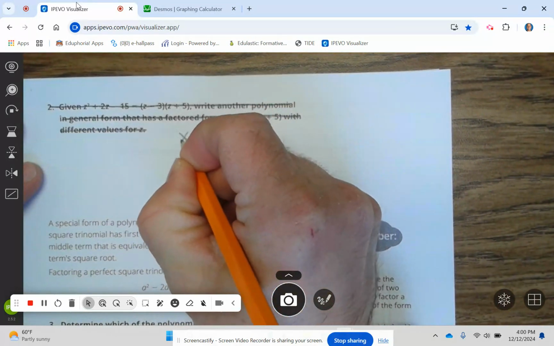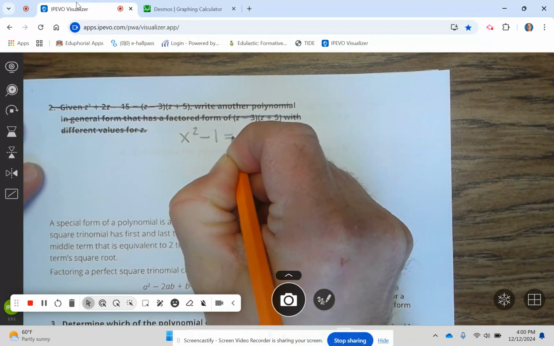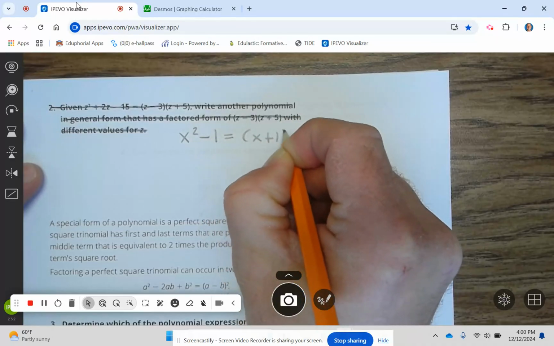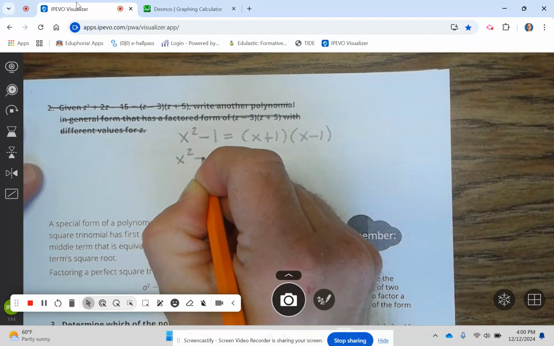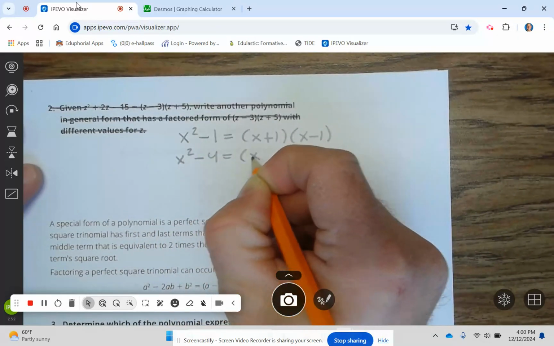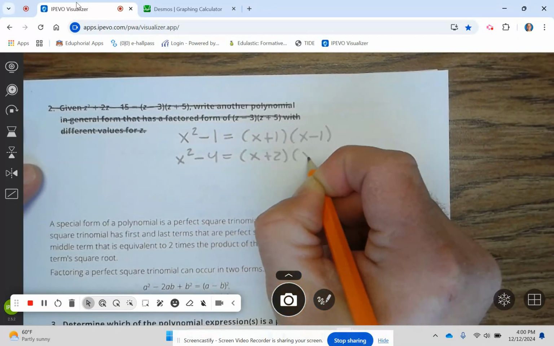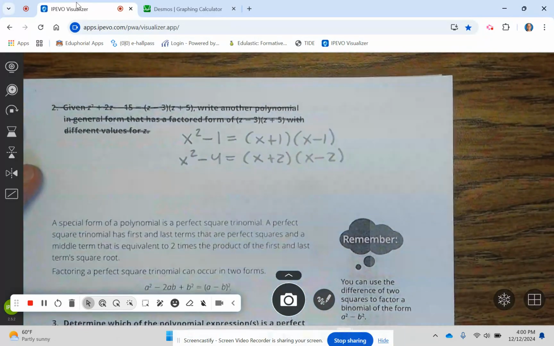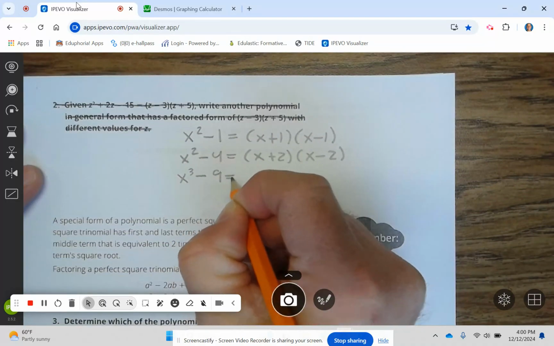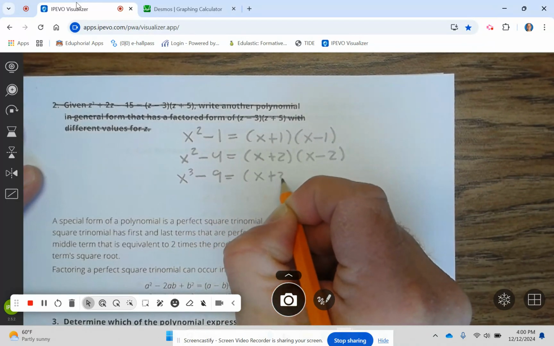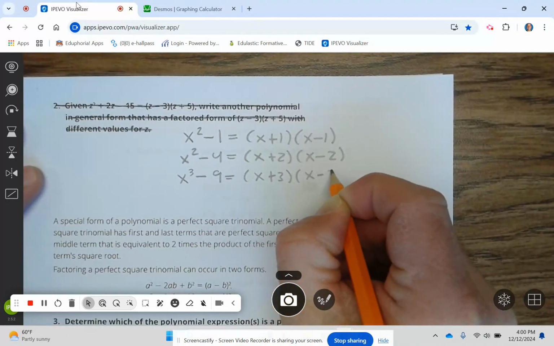So x squared minus 1 factors to be x plus 1, x minus 1. X squared minus 4 factors to be x plus 2, x minus 2. X squared minus 9 factors to be x plus 3, x minus 3.